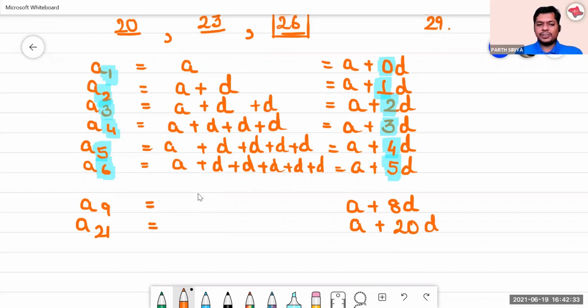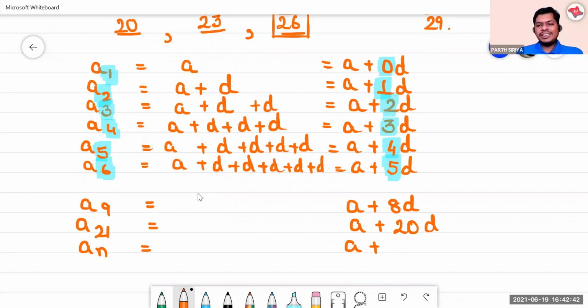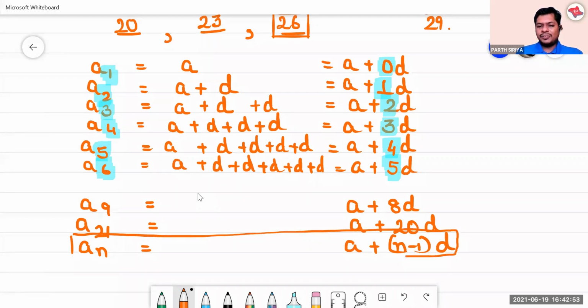That's correct, very good. और अगर कोई पूछे AN मतलब A plus उस N में से एक कम, so N minus 1 D. So this is the formula to calculate nth term of an AP. अगर ये फॉर्मूला आपको पता हो तो इसकी मदद से आप कोई भी नंबर ढूंढ सकते हो इस एपी का.